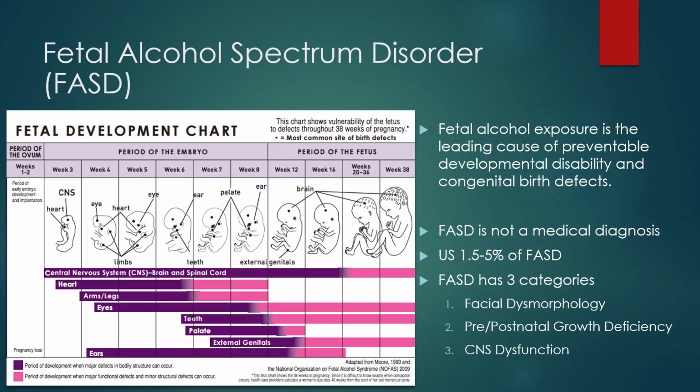As you can see on this chart here that outlines fetal development, by 8 weeks, the CNS, the heart, arms, legs, eyes, ears, teeth, palate, and their external genitals have all begun developing. Some women may not be aware that they're pregnant until they are 8 weeks along. So it really is advised to avoid any substance use during planning for conception or during pregnancy to ensure a healthy outcome for our fetus.